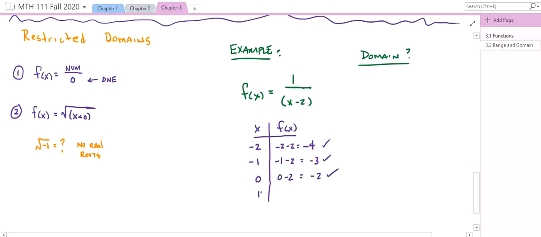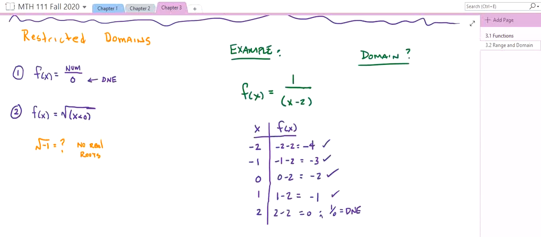So let's go positive now. If we put in 1, we have 1 minus 2, which is -1. Well, that's okay. That works. But now when we hit 2, look what happens. We have 2 minus 2 equals 0, and 1 over 0, we can't do that.